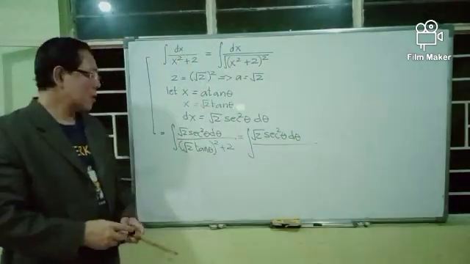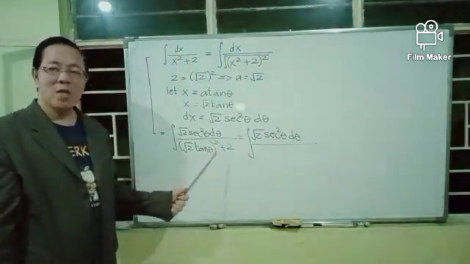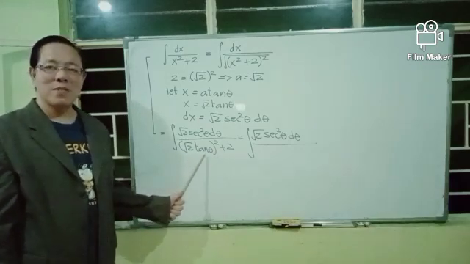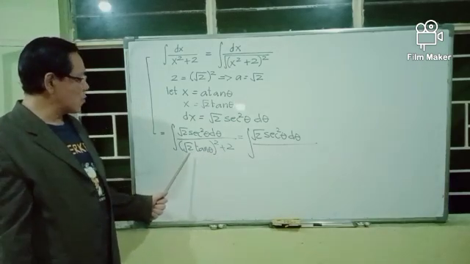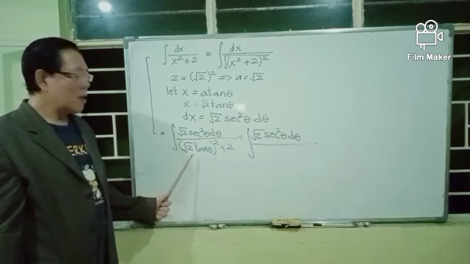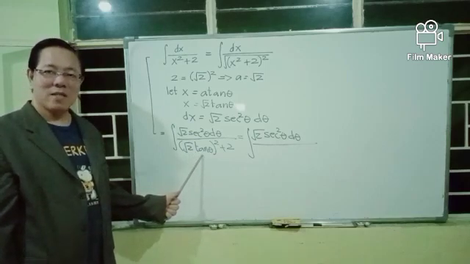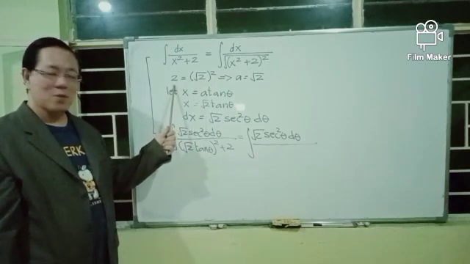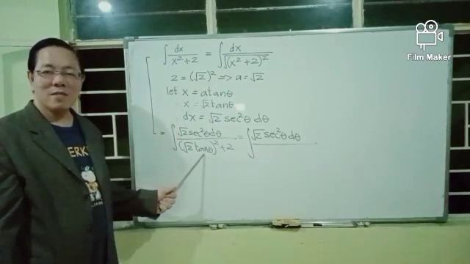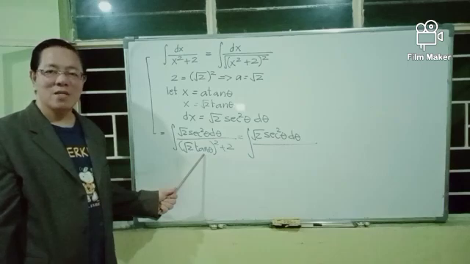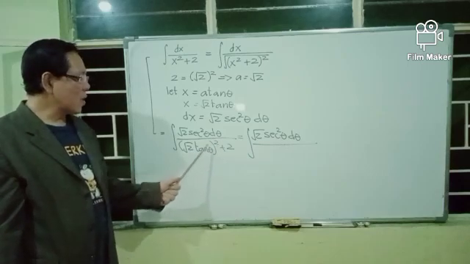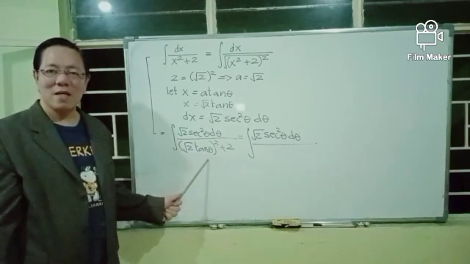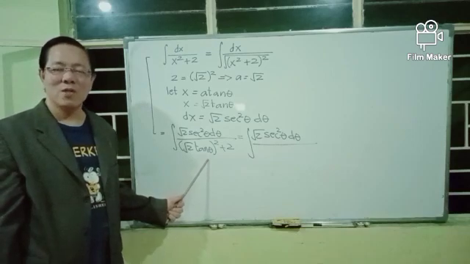In the denominator, by property of exponent, the square of square root of 2 times tangent theta is equal to the square of square root of 2 multiplied by the square of tangent theta. And the square of square root of 2 simplifies to 2 multiplied by tangent squared theta. Hence, the square of square root of 2 tangent theta is equal to 2 times tangent squared theta.